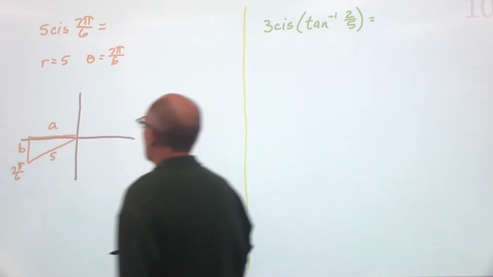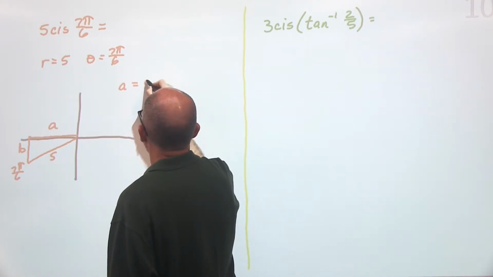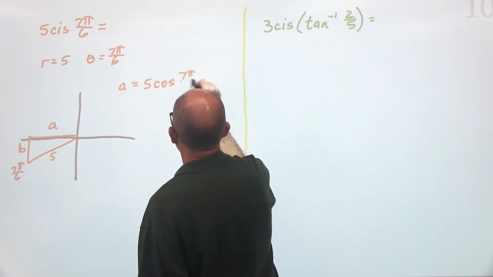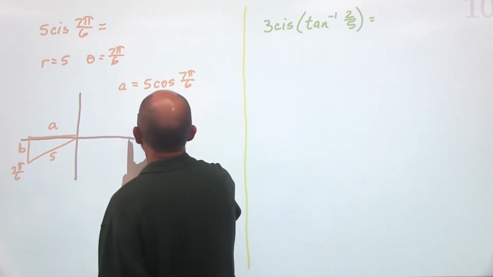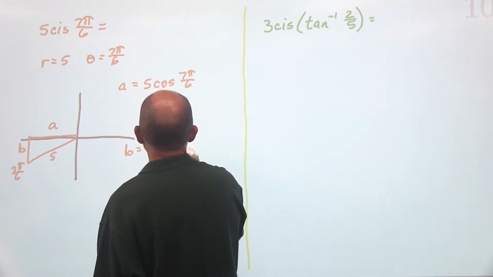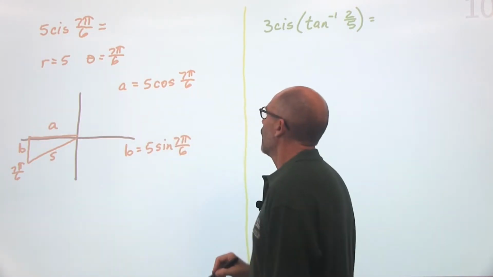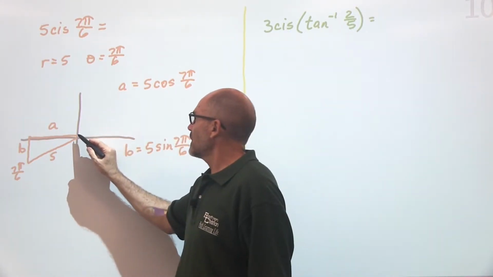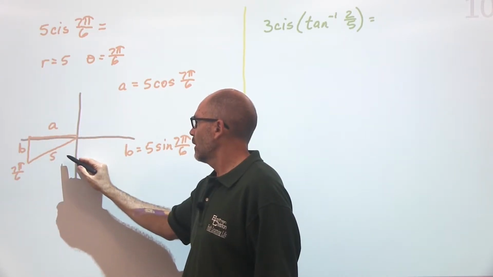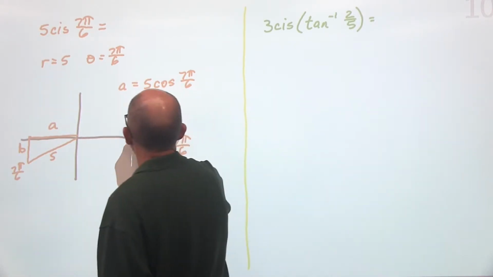But if you apply our formula here, remember, A is here and B is here. So A equals R cosine theta, and B equals R sine theta. So what is cosine of this angle? It's negative square root of 3 over 2.